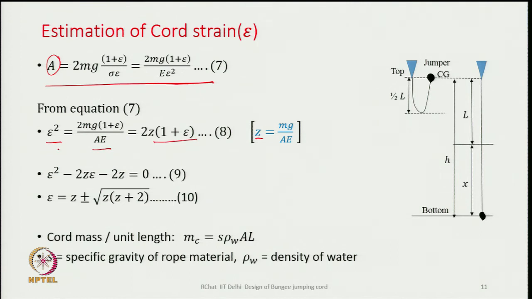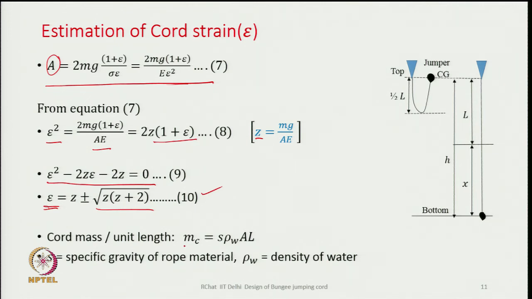From there, we can write this quadratic equation of strain, and from this quadratic equation we can find out the value of strain. Strain is going to be Z plus minus root over Z into (Z plus 2). This is the strain, where Z is the constant and Z is mg by A into E.